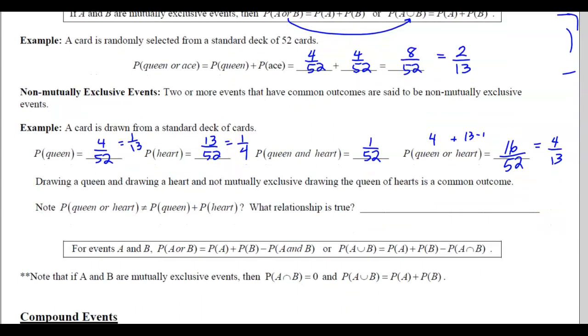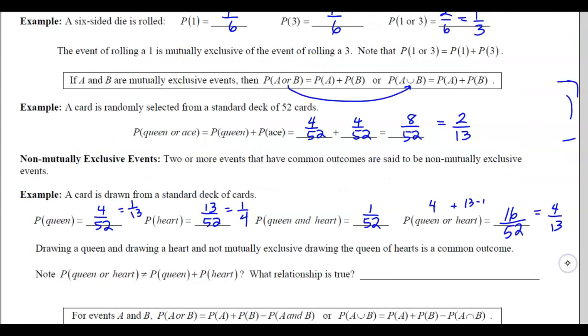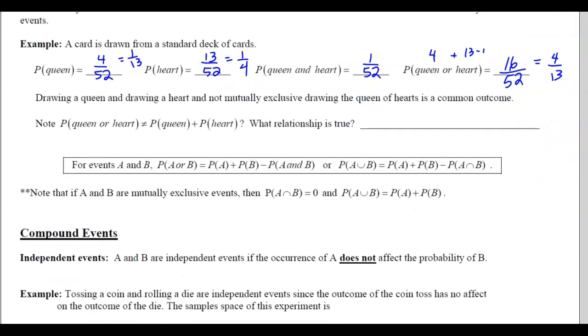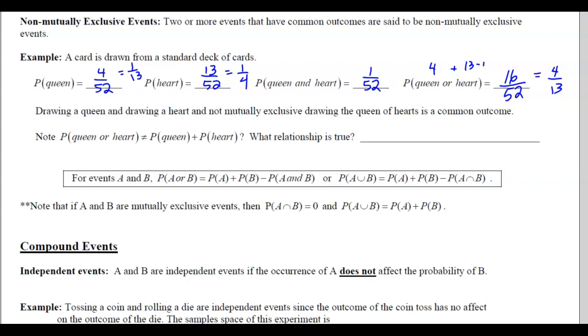So take a look. Queen or a heart, I said was 16 out of 52. Probability of a queen was 4 out of 52. Heart was 13 out of 52. Notice how that adds to 17 out of 52. It is not equal to 16 out of 52.